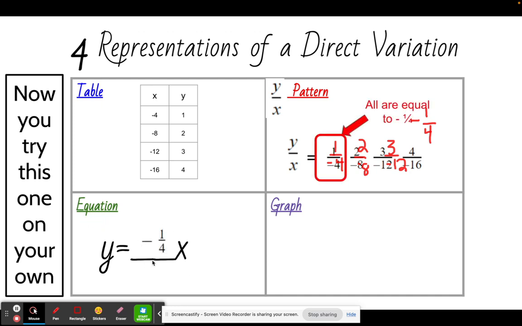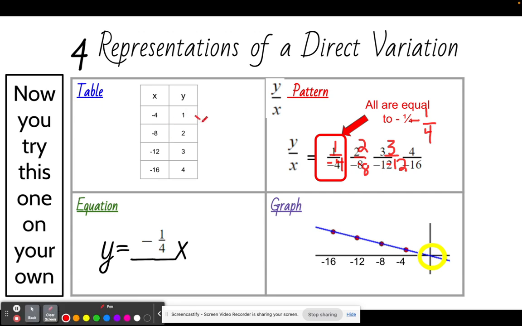So y equals negative 1/4 x. If I graphed it, it would look like this. It's a negative slope, so it's going downhill, and it will again go through that 0, 0. If you wanted to check your slope, this is going up by 1 and this is going down by 4.